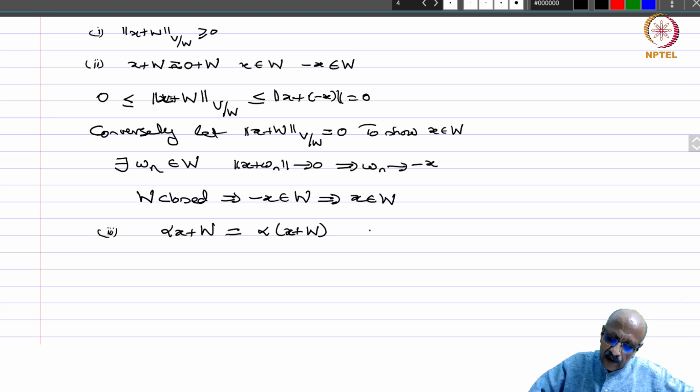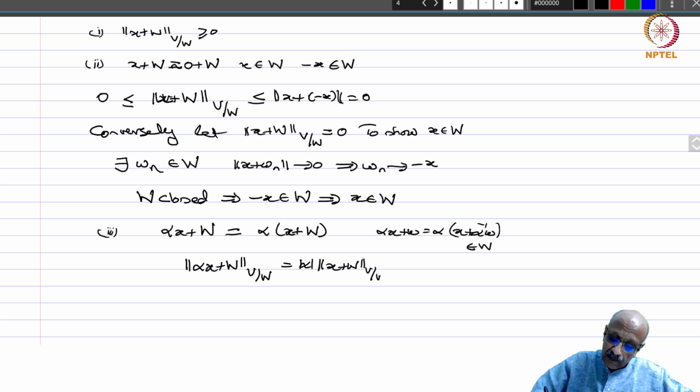Because alpha x plus w can be written as alpha times x plus alpha inverse of w, which is again an element of W. And therefore from this it immediately follows that the norm of alpha x plus w in V by W is nothing but mod alpha times the norm of x plus w in V by W, because every element here can be written as alpha times something, and you are taking the infimum of the norms.